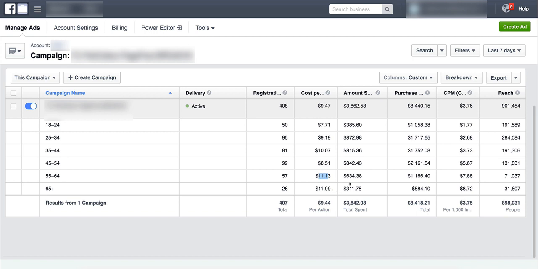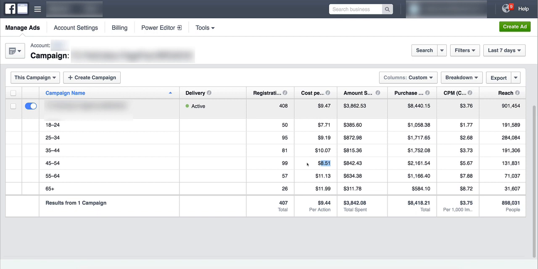So it looks like the older the demographic, the lower the conversion rate. But there's an exception, and that's those 45 to 54-year-olds that are just converting like fire. They are our second best converting age group for this ad.